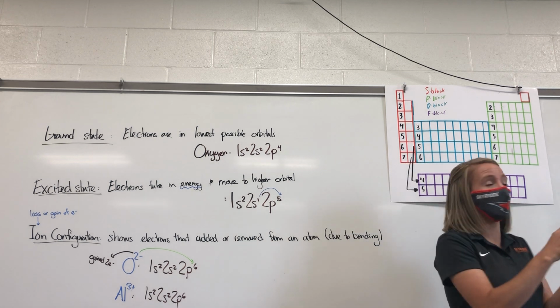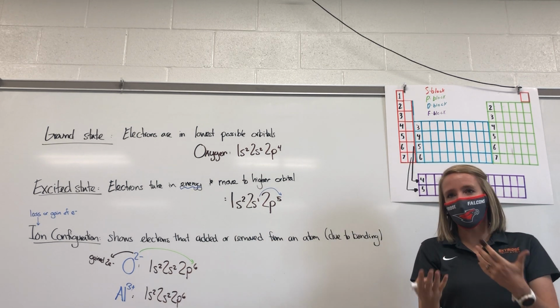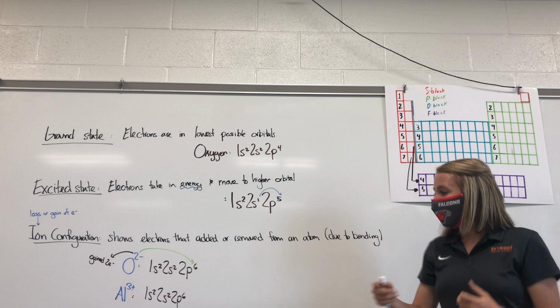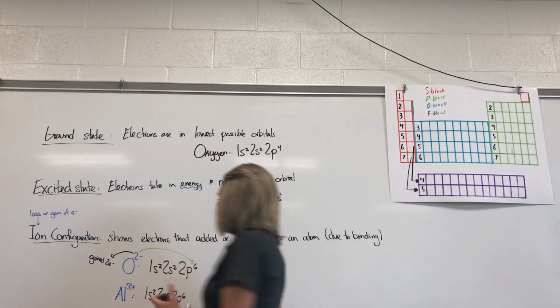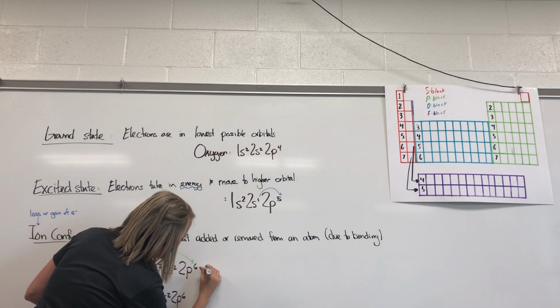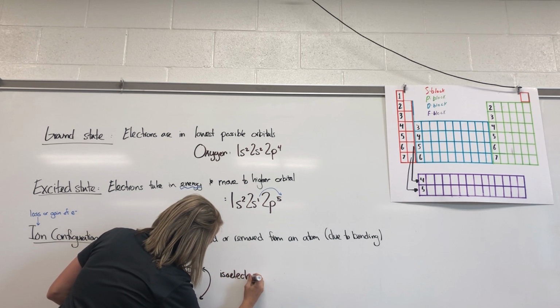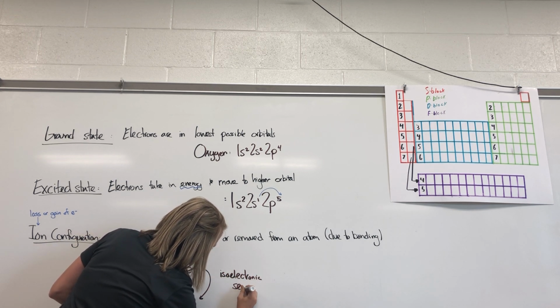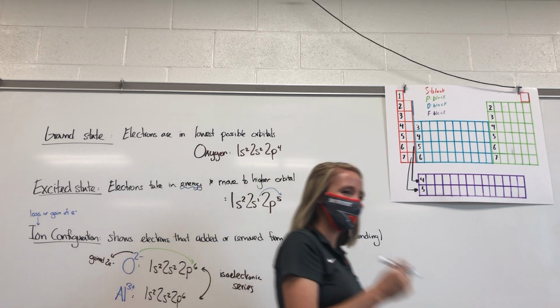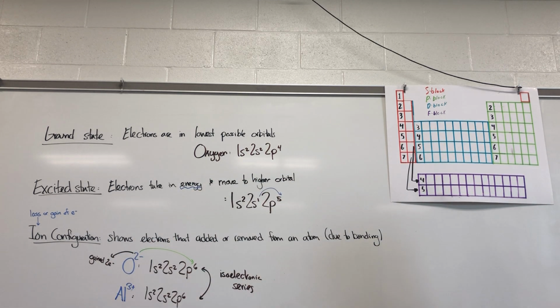You also could take them away to start with and see where it lands. But these two things are known as an isoelectronic series of each other. They have the exact same electron configuration.